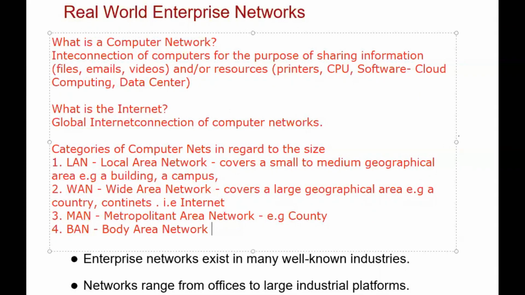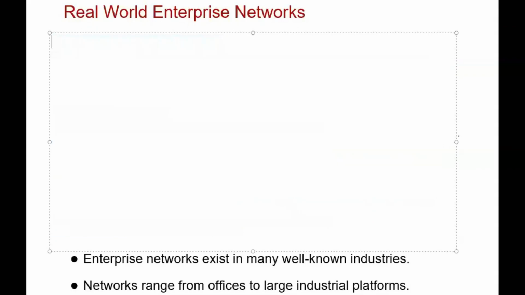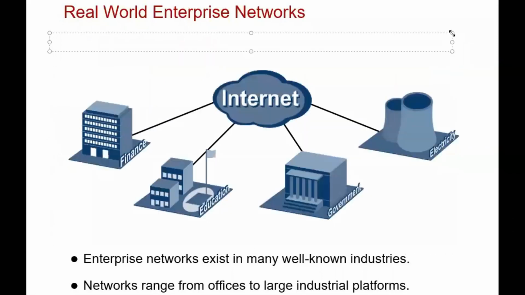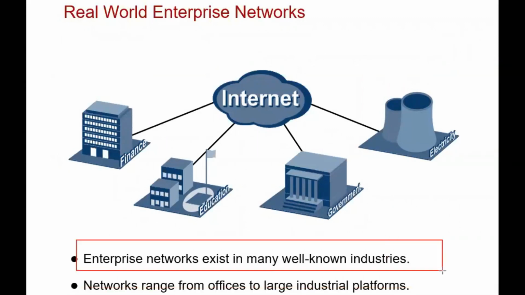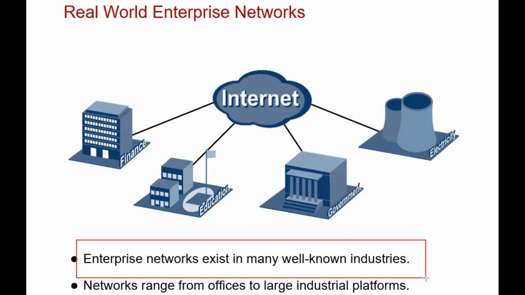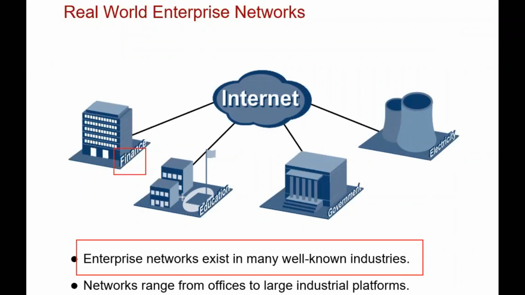Okay, now, once you've understood this, the other thing you need to understand is that enterprise networks exist in many well-known industries. So in financial institutions like banks, in education institutions like Multimedia University, in government, many enterprises.